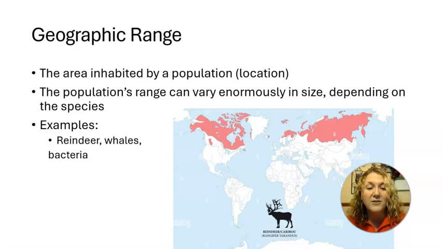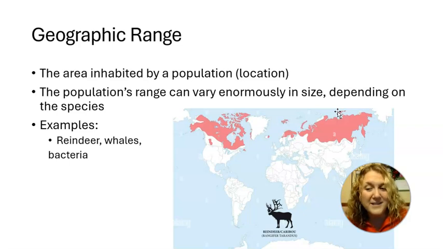So we had our example of the reindeer, and you can see what's highlighted in red here. That is the reindeer's geographic range. Now, when we were reading the comic about St. Matthew Island, what was that geographic range?